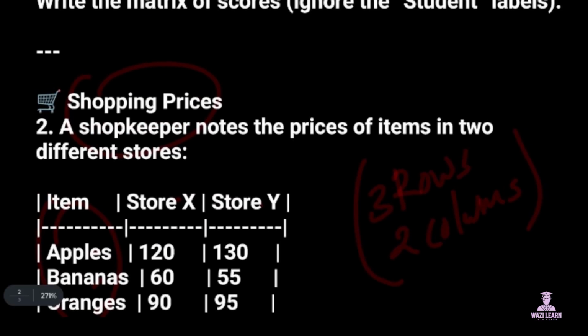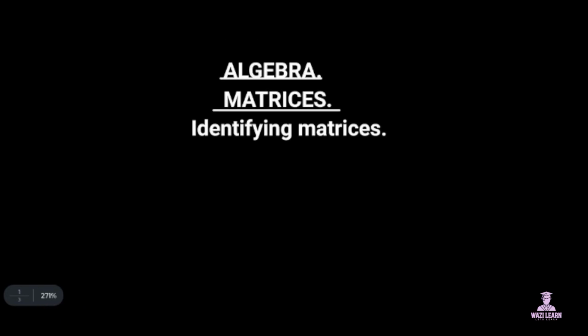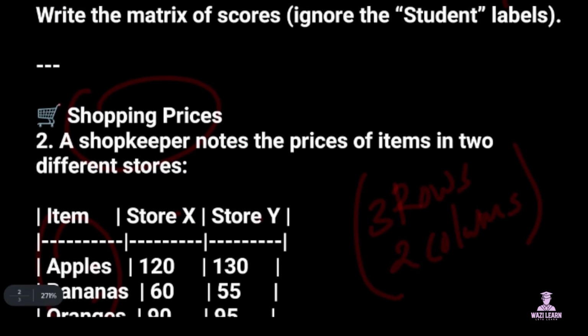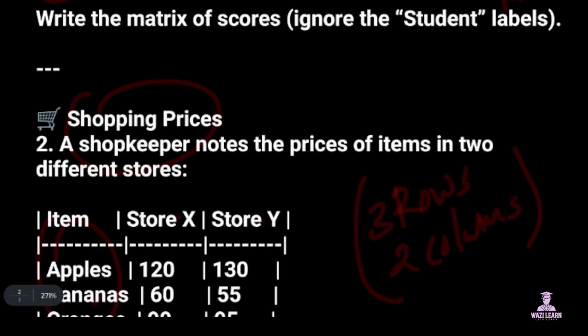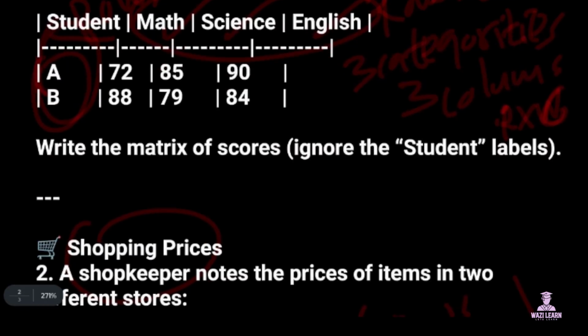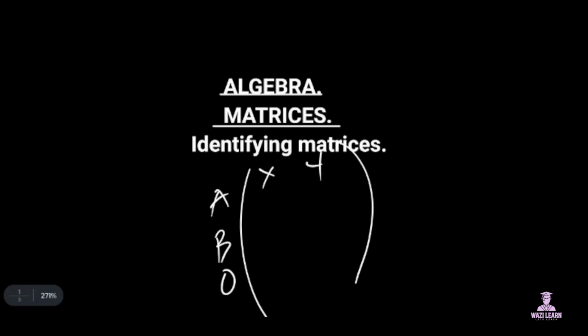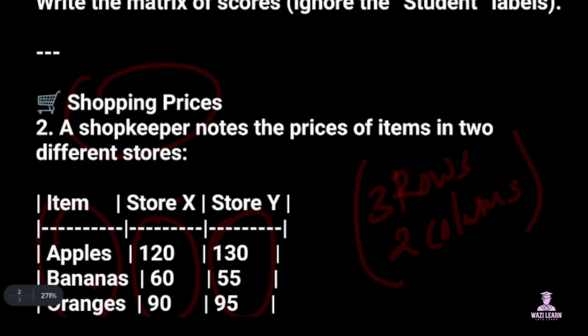Transferring this to our working area, we have item, apple represented by A, bananas and oranges, then store X and Y. Store X is 120, 60, 90, and store Y is 130, 55, 95.